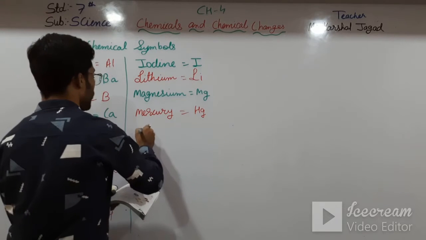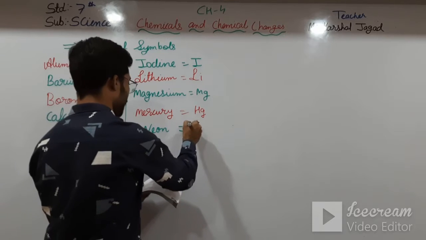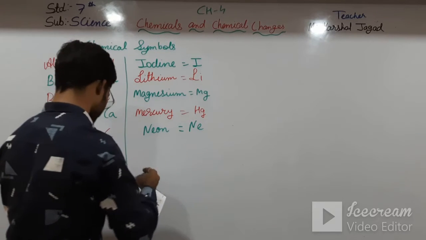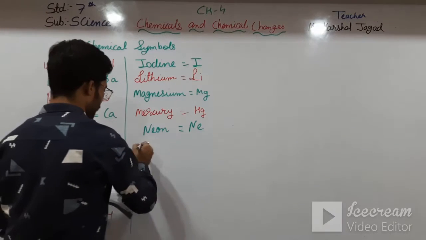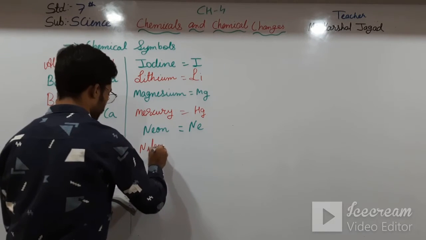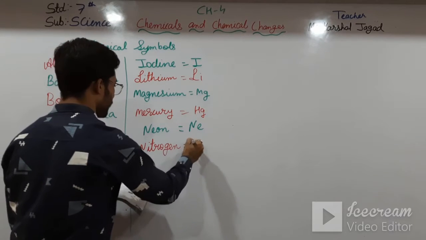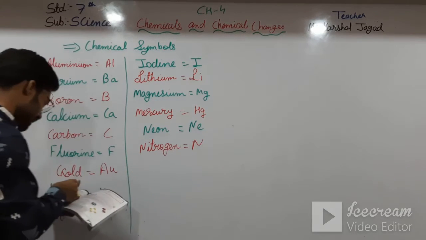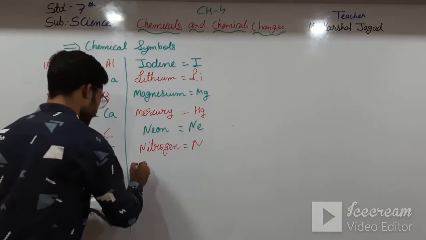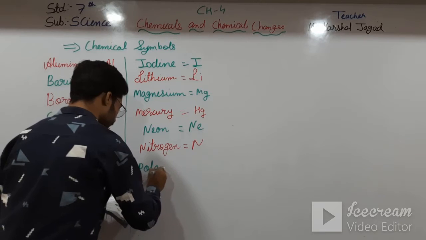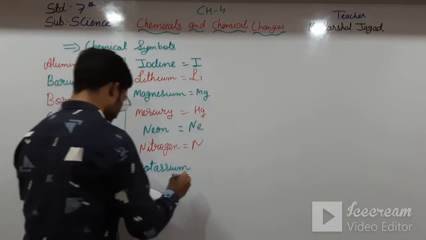And then coming neon, that is Ne, N capital E small. Then nitrogen, capital N. Then potassium, that is K.